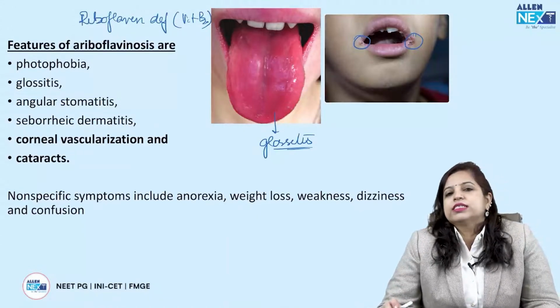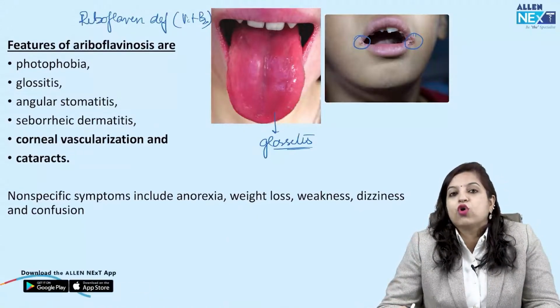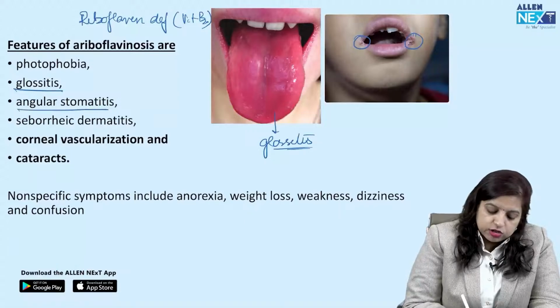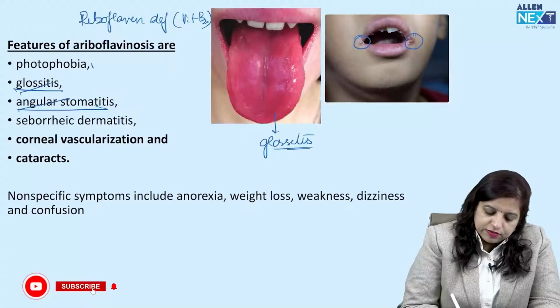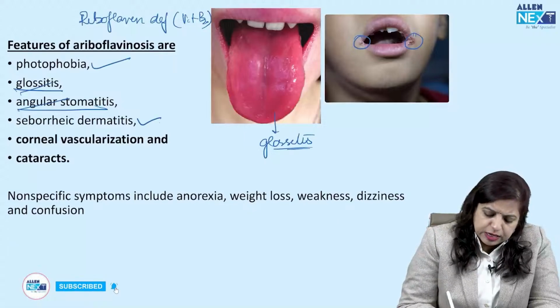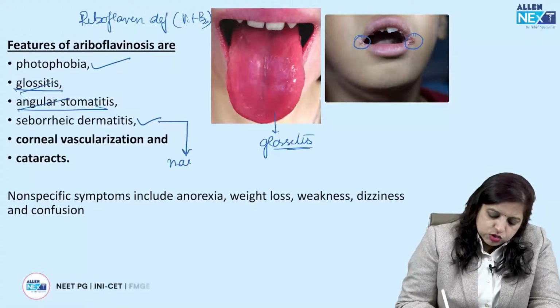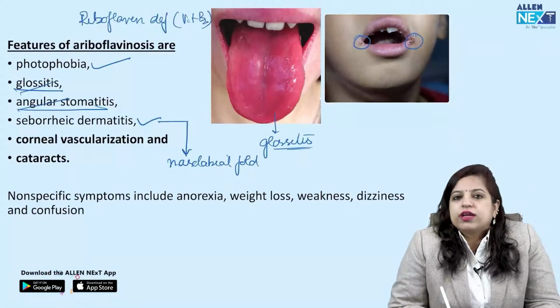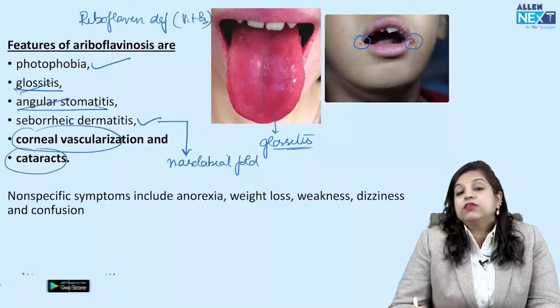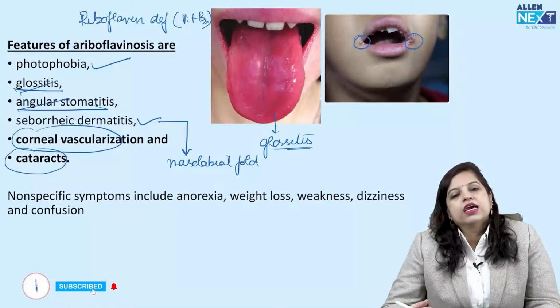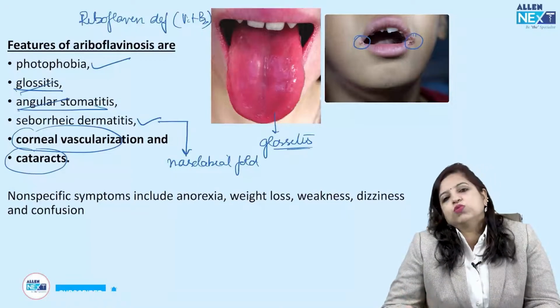Very importantly, sometimes in the question they have not given glossitis and angular stomatitis. These two things have not been given. What has been given is the child is having photophobia, seborrheic dermatitis, typically around nasolabial folds, right? And corneal vascularization and the cataract, then what is your diagnosis? See, when the glossitis and cheilitis is not given and these features are given, then also you should be able to catch it.